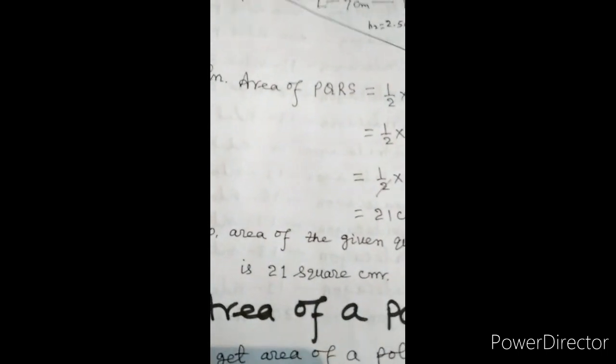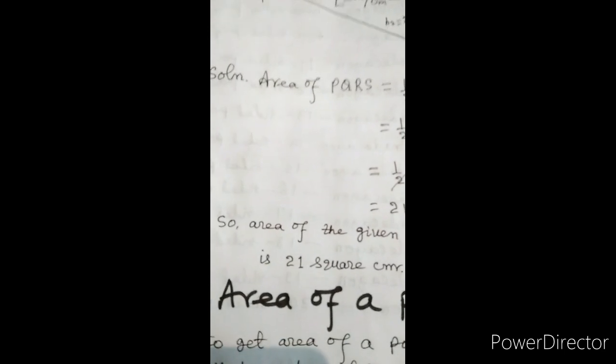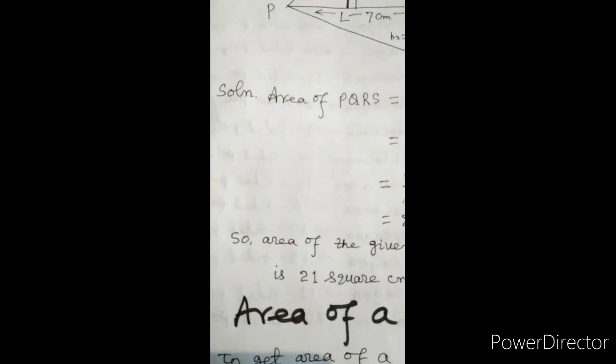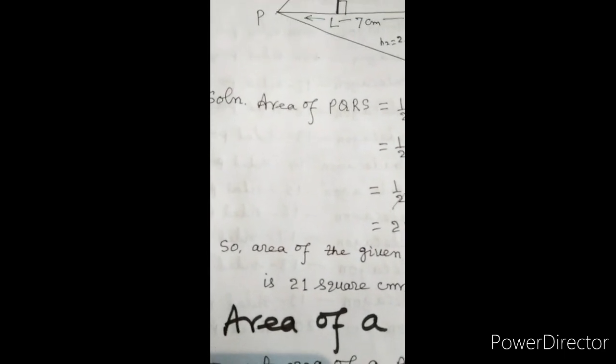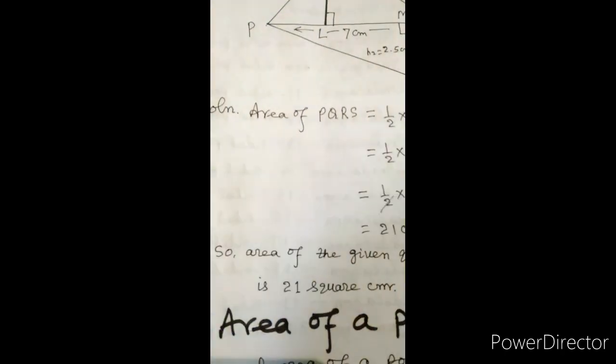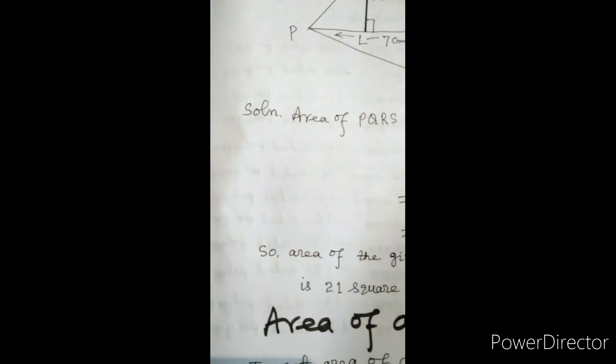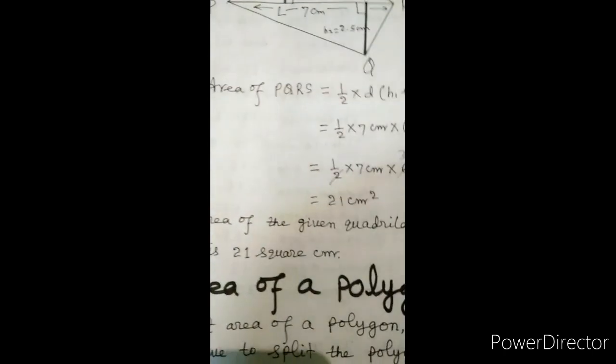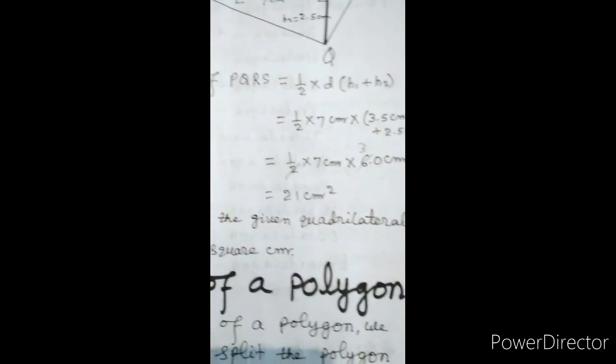In this way, area of the given quadrilateral is 21 square cm. We will have to split a given quadrilateral into triangles to get its area.